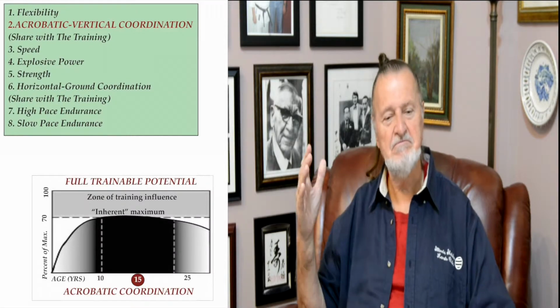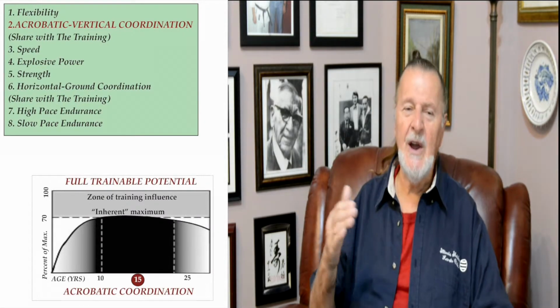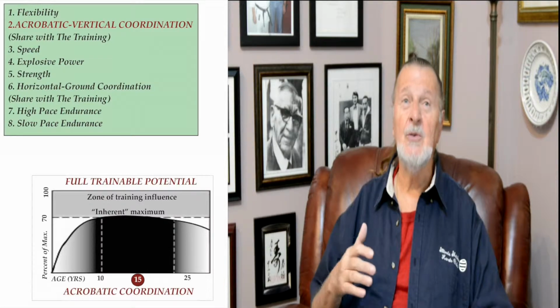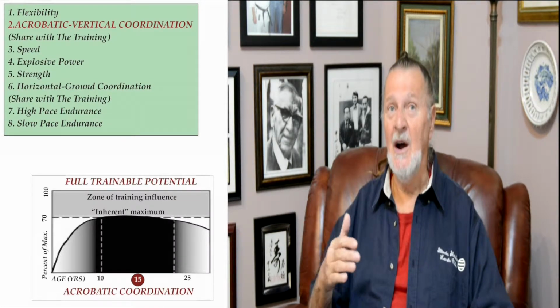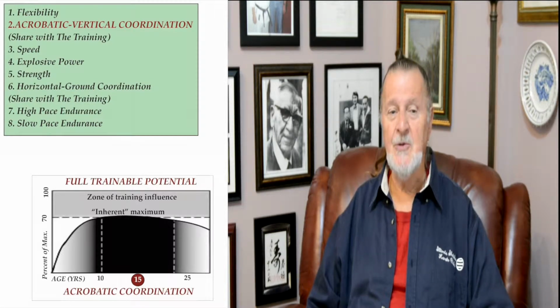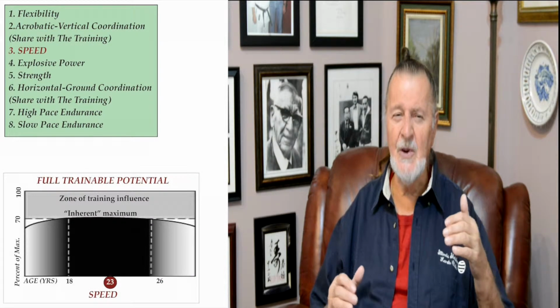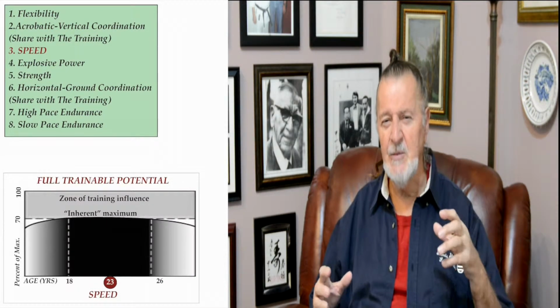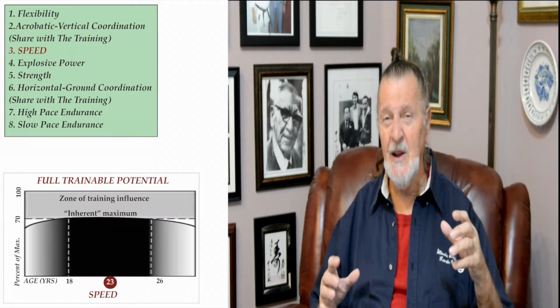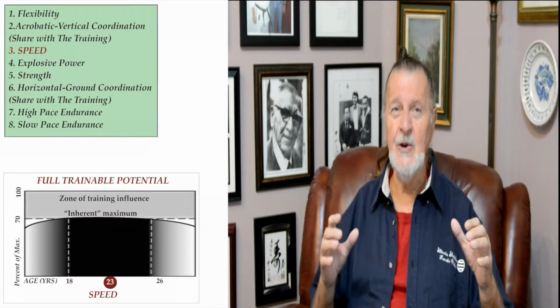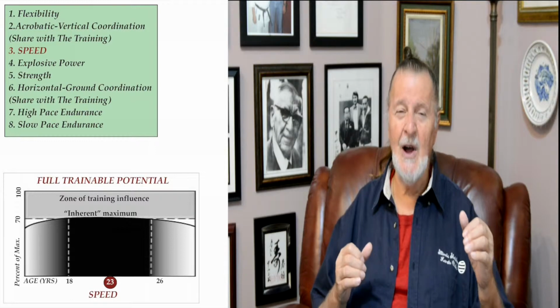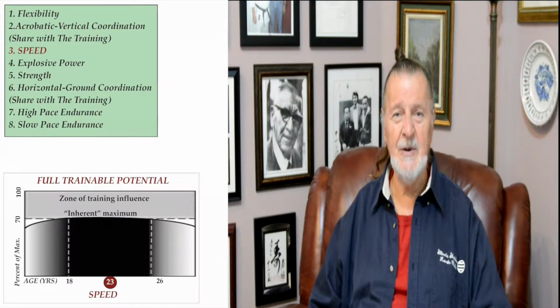Again, in kata, they can do the Unsu. They can do any kata that requires high jumps. Speed, we really peak around the age of 23, maybe 24. So at that point in time, we should rely on our speed in competition.